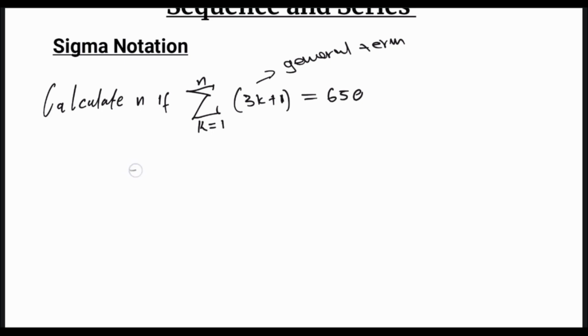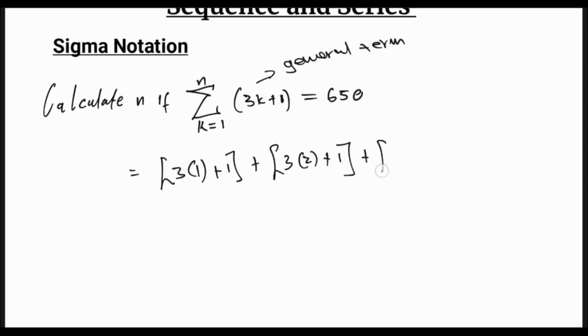So when we expand this, this is going to be equal to 3 times 1 plus 1, since it starts from k is equal to 1, plus 3 times 2 plus 1, plus 3 times 3 plus 1, plus, right, plus 3 times n plus 1. That is the last term.